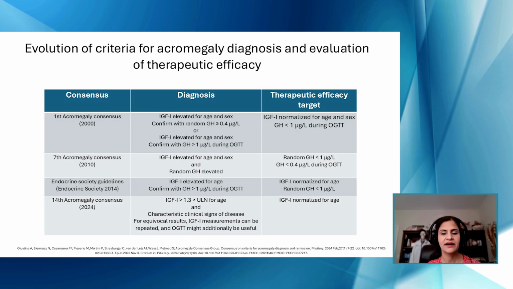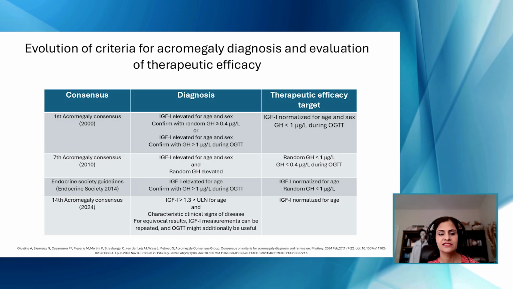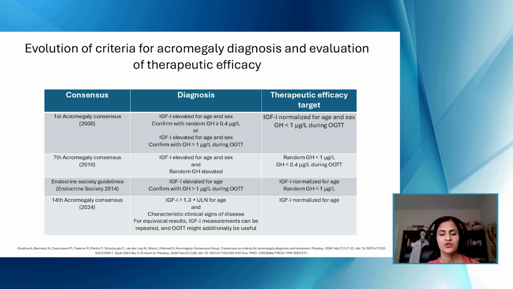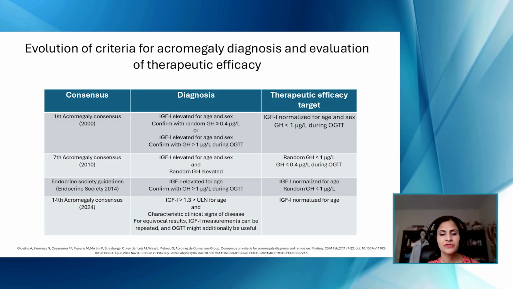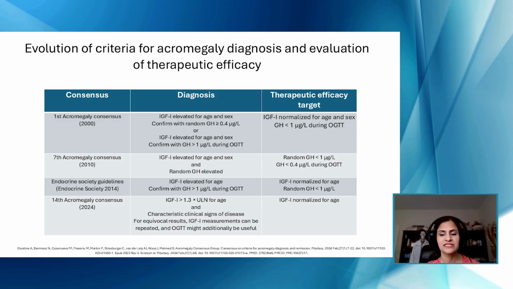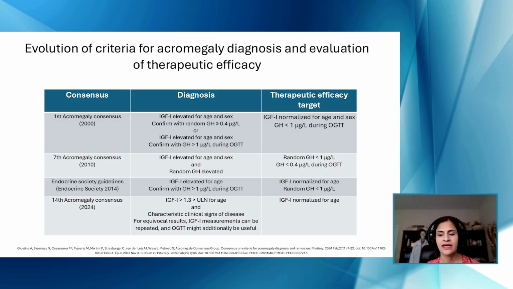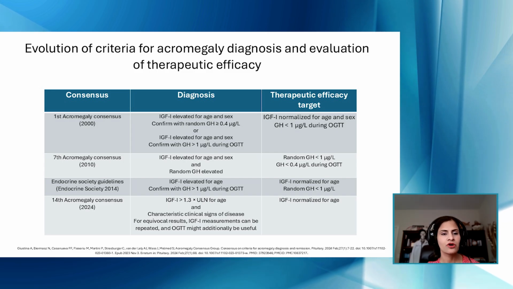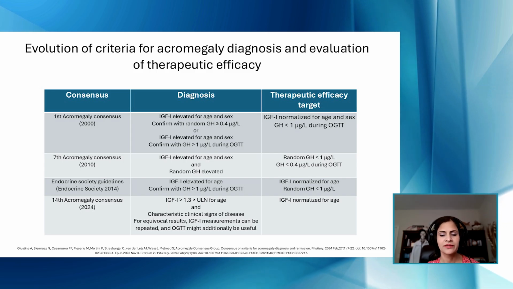That is quite clear in the first acromegaly consensus from 2000, the seventh acromegaly consensus from 2010, and even the Endocrine Society guidelines from 2014 still included growth hormone levels during OGTT for diagnosis, and for therapeutic efficacy, they still utilized random growth hormone levels being less than 1.